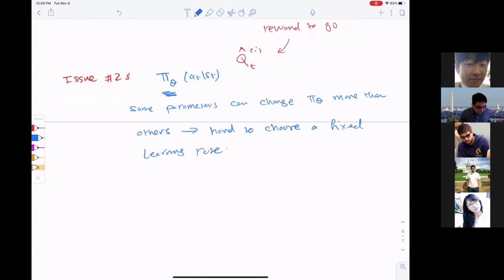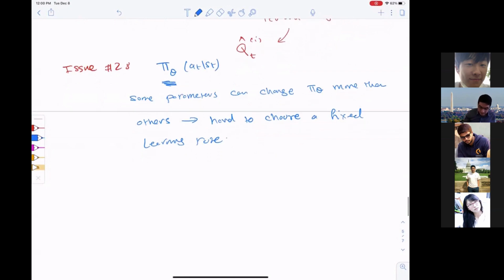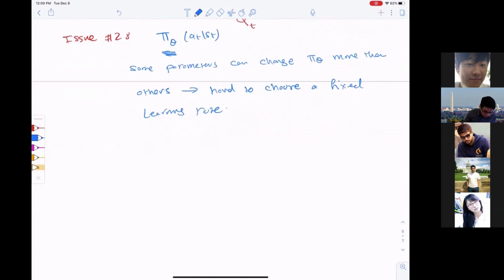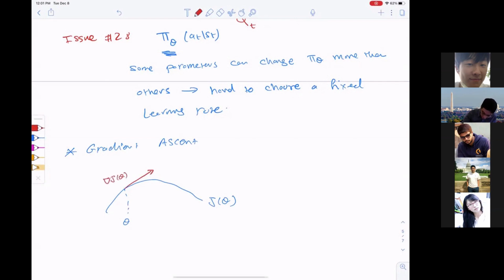So what can we do about it? Where does this fixed learning rate actually come from? If you look at gradient descent or gradient ascent, let's say I have an objective function J theta. I'm at this particular model parameter theta, and I want to follow my gradient. This is the gradient of J theta at this particular theta.